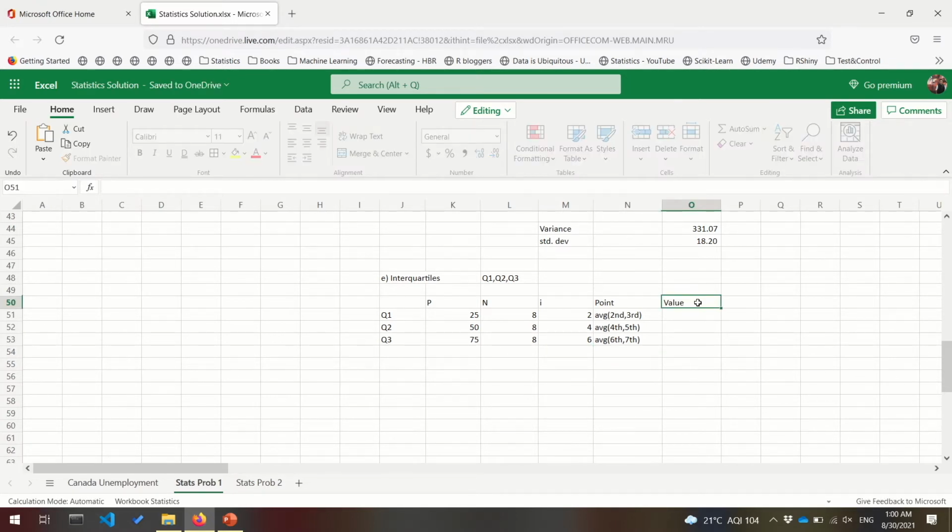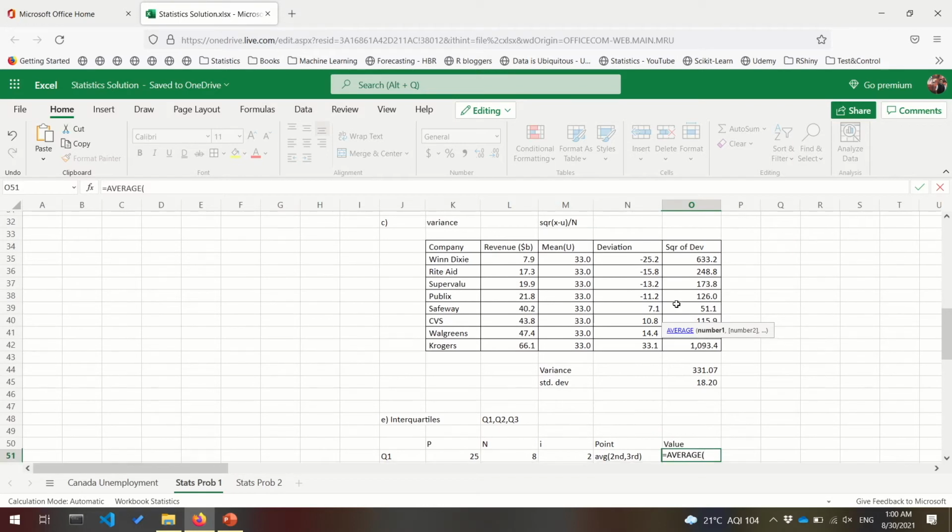Okay, now let's calculate the values. The value will be the average of the second and third. As this is in ascending order, I will go from top to bottom. If you haven't sorted the data, I'd request that you go from bottom to top.